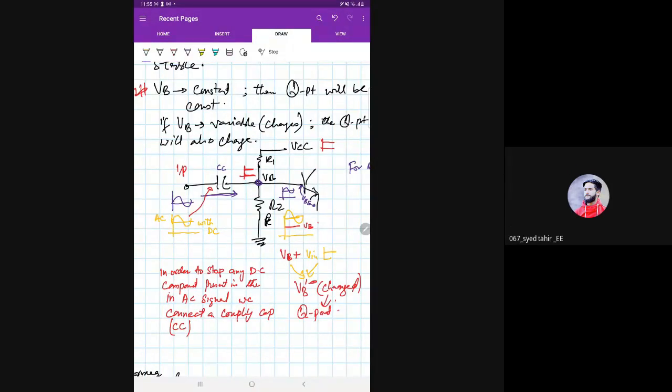So because of capacitor, you will have only AC now. Okay, और जब वो यहाँ पहुंच जाएगा, you will have here this kind of signal.